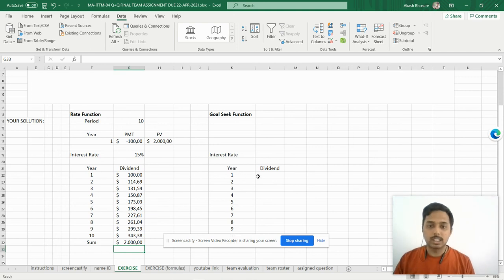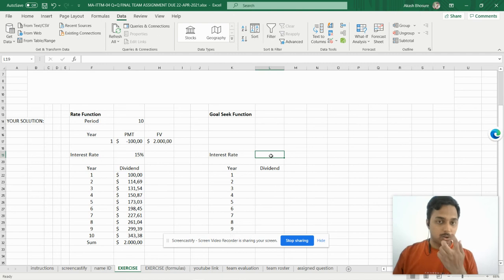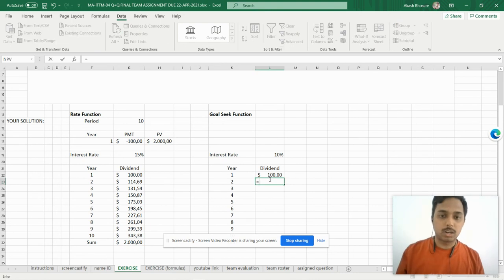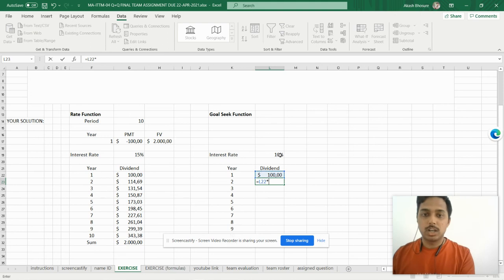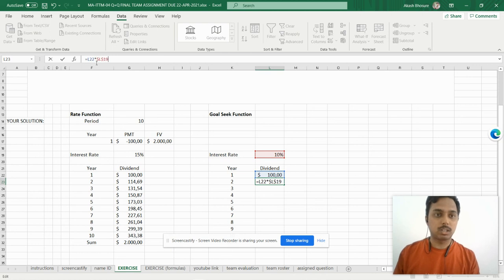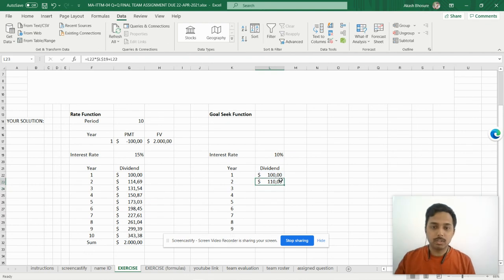Let's consider that from years 2 to 5 the growth rate increases, and from 6 to 10 it remains constant. In Goal Seek, let's assume the interest rate as 10%. The question has given the first year's dividend as $100. The second year can be calculated using the same formula: dividend of the first year times the interest rate, fixing this value using F4, plus the first year's dividend. We get 110. From the second year to the fifth year the growth rate increases, and from 6 to 10 it remains constant.